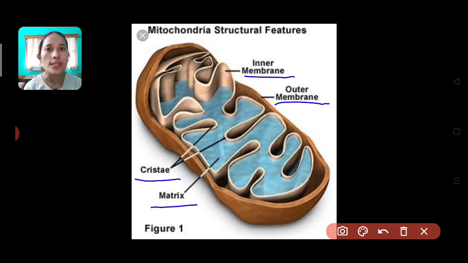Respiration is the process in which energy is produced in the form of ATP, which can be utilized by the cell to perform its functions. So since respiration is carried out here in mitochondria, that's why it is referred to as the powerhouse of the cell.